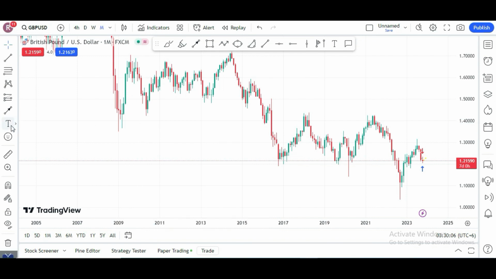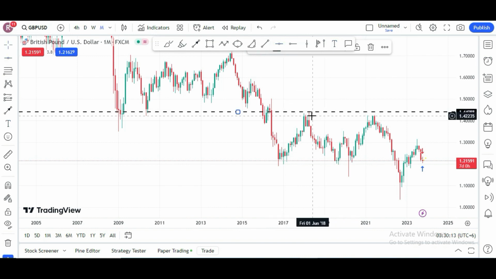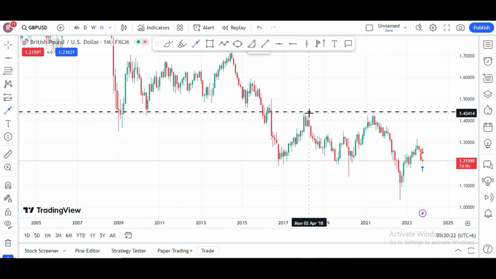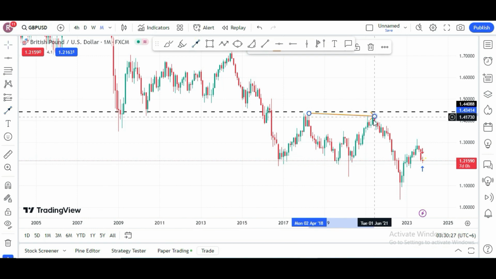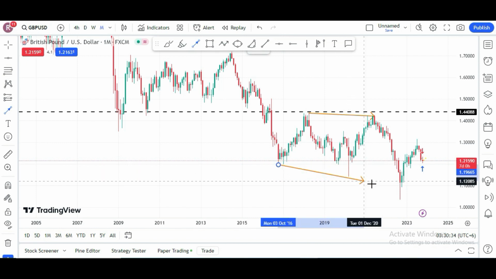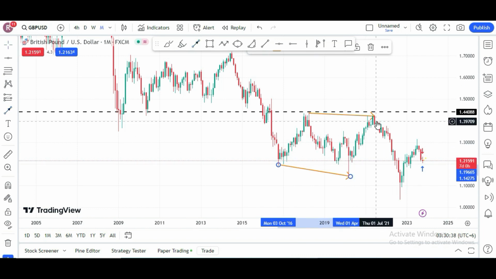So let's put it this way. If we mark it with a line here, we can see this one is lower than the previous one. This high is lower than this high, and at the same time we can see it is still making lower lows.